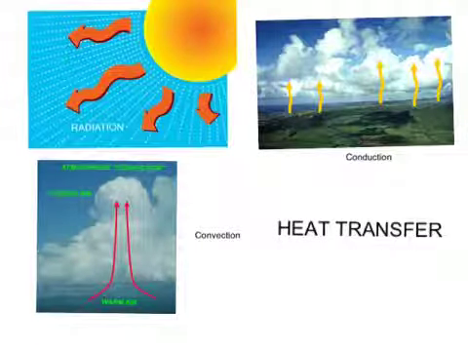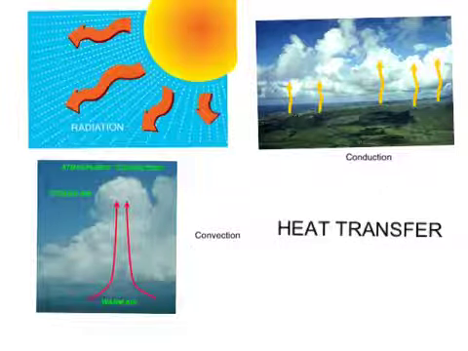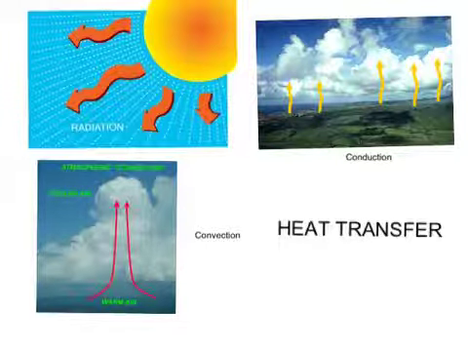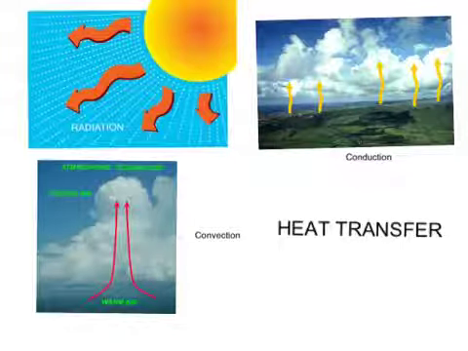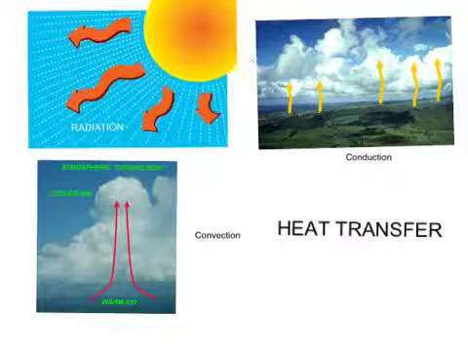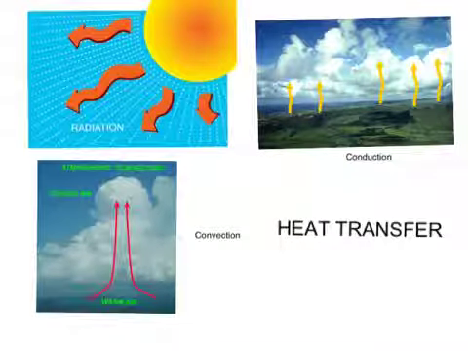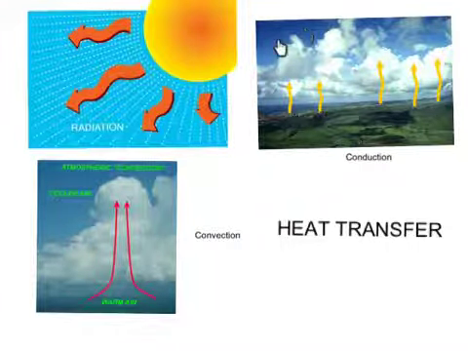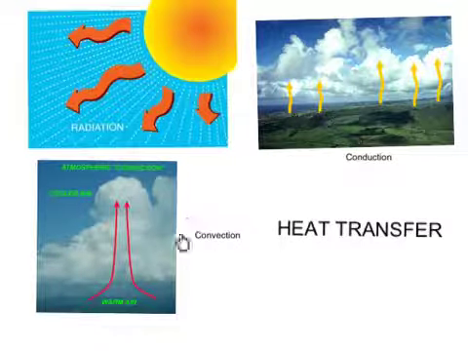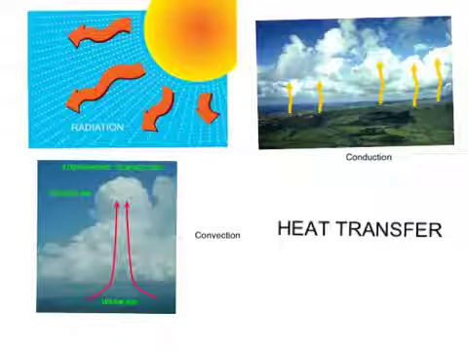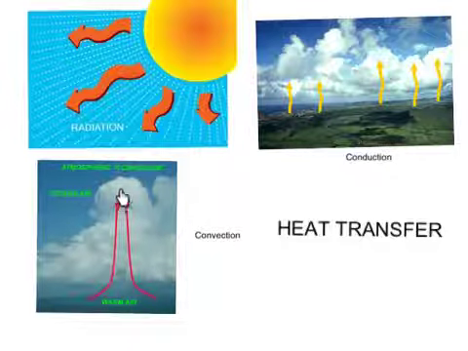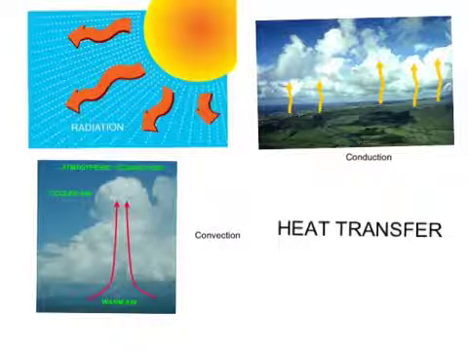Okay, I'm showing the heat transfers, which are convection, conduction, and radiation. So conduction, which is right here, comes up and heats the first few layers of the atmosphere. That's how it shows the heat from the ground coming up into the atmosphere and heating these parts. And convection is when the air near the ground is heated, making the air less dense, and then rises up into the atmosphere.